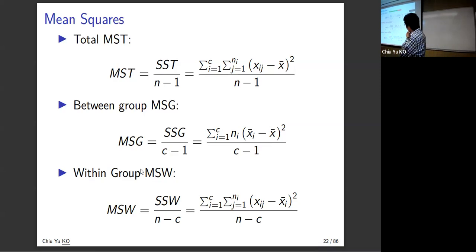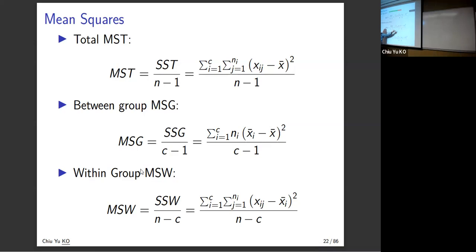So what is the key here? The key is that if there's no actual difference between groups, we should expect this and this to be very similar.